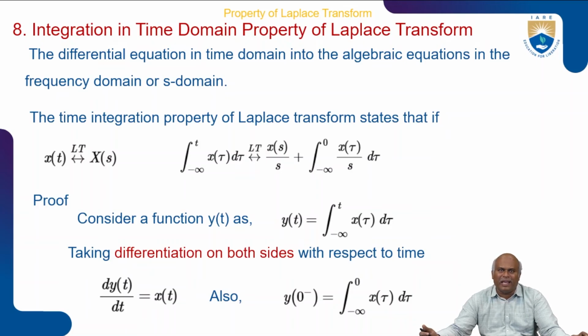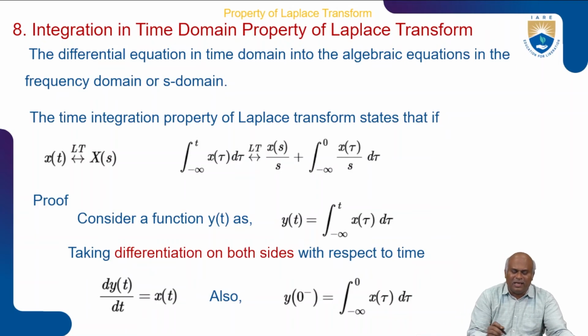As for the time integration property of Laplace transform, x of t Laplace transform is represented as x of s. Then the integration of x of t from minus infinity to t, x of tau d tau, is equal to x of s divided by s plus the integration from minus infinity to 0 of x of tau d tau divided by s.